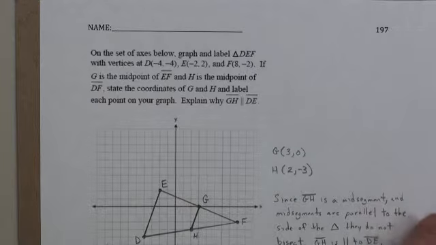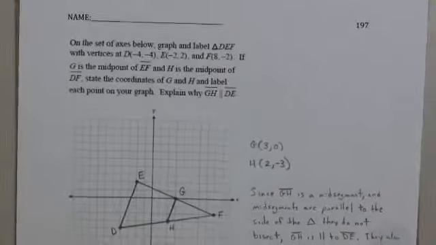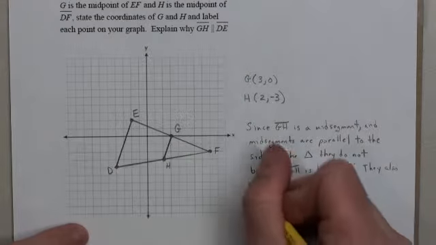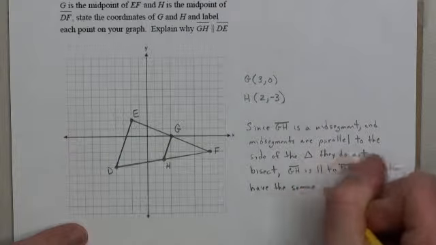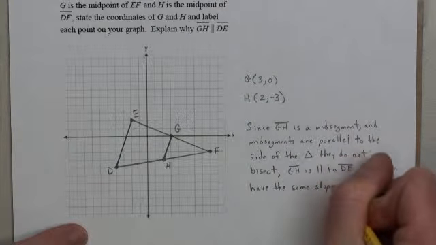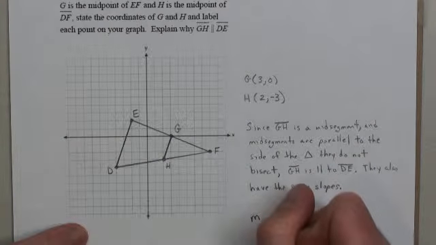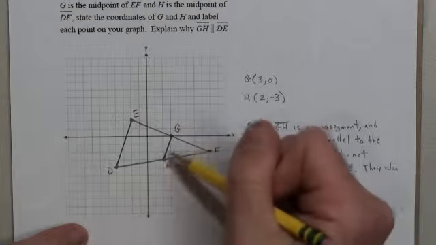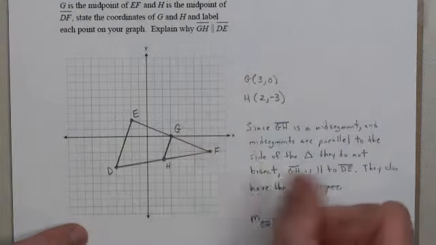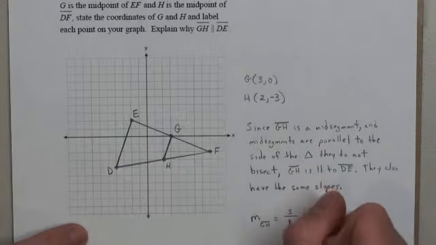And then we can go on to say they also have the same slopes. The slope of segment GH is I go up 1, 2, 3, so that's +3, over, and I go to the right 1, that's a +1.